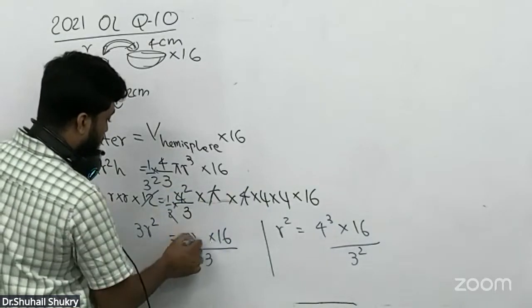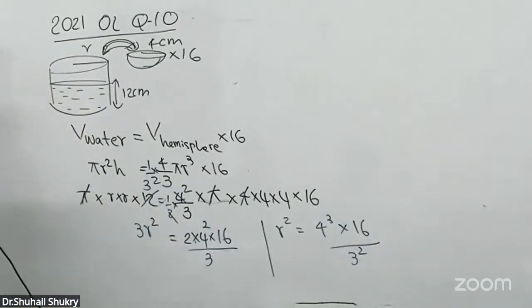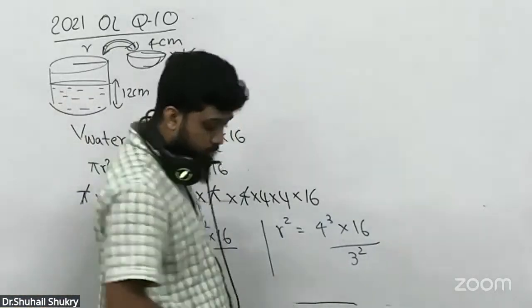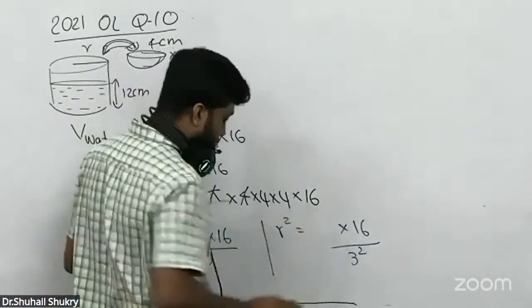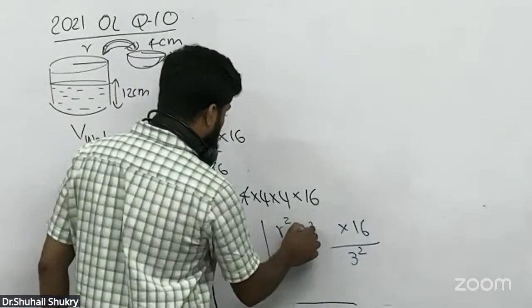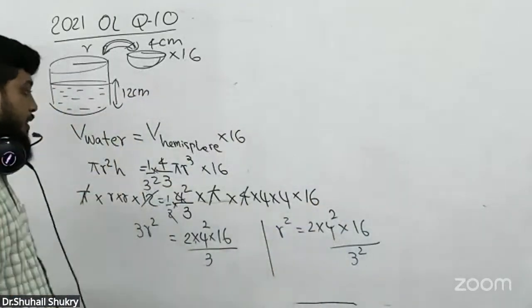This 4 into 4 will be written as 4 squared. 4 squared into 16. We get 2 into 4 squared into 16.